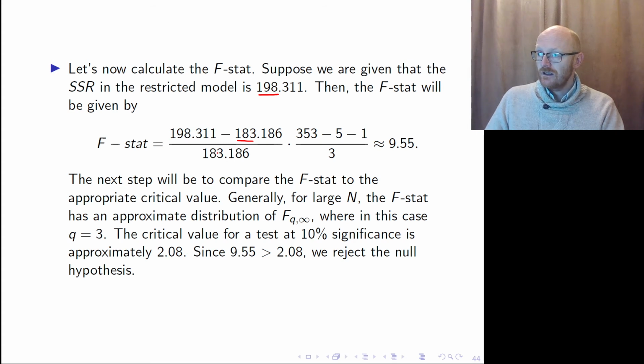Then we get the relative difference between these two sums of squared residuals, and we multiply that by 353, the n minus k minus 1, divided by Q, the number of restrictions. Okay, and we get the number 9.55, and we have to know, is this large or not?